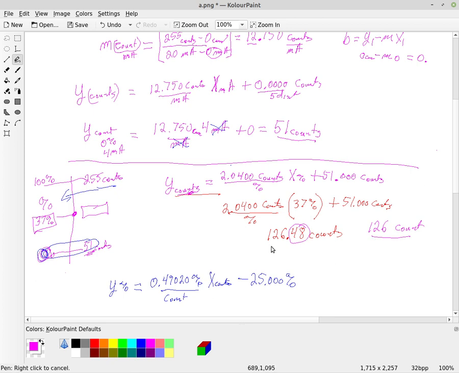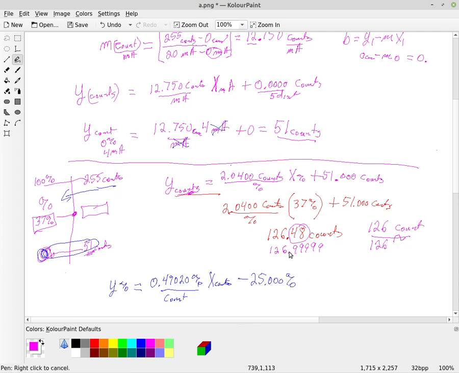I don't even care if this calculation would have come up to be 126.9999999 counts. The answer is still simply 126, because remember, the way analog to digital converters work, you have to cross that threshold for it to move to the next count value.